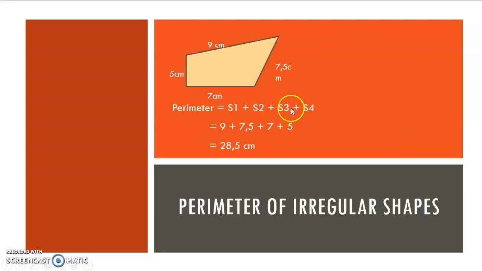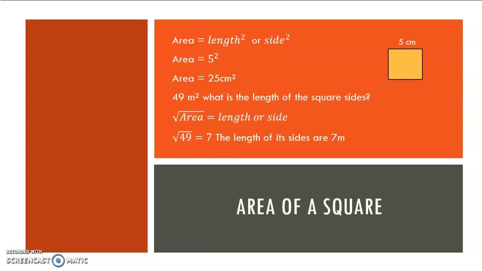Here we have an irregular shape, another one where you can just add all the sides together. You have the different lengths. Side 1 plus side 2 plus side 3 plus side 4. And that gives you the distance around the shape.